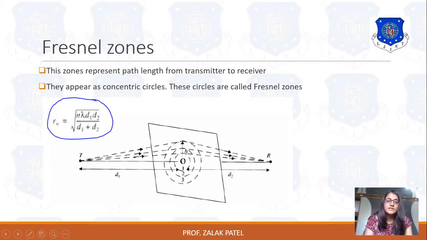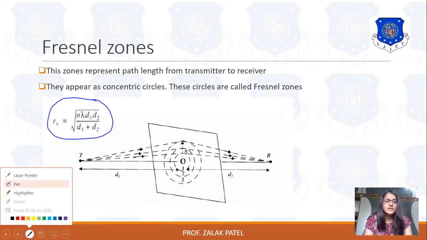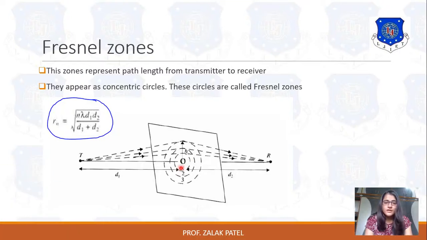These three circles are numbered 1, 2 and 3, with radii indicated by R1, R2 and R3. These are generally represented in terms of Rn.